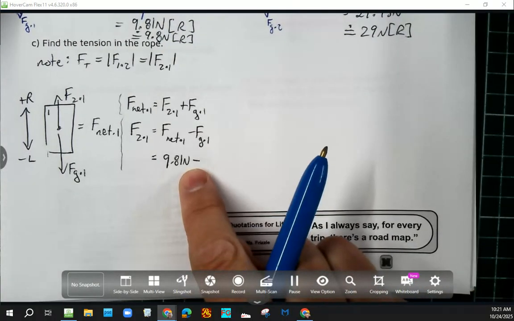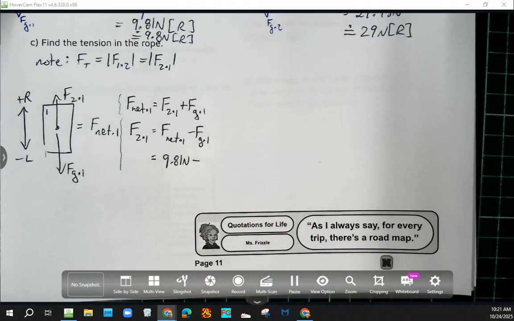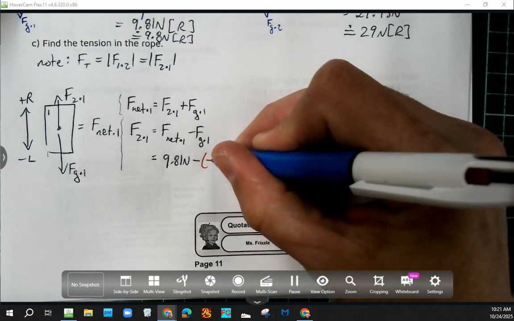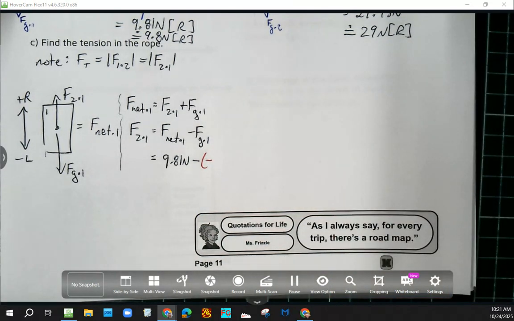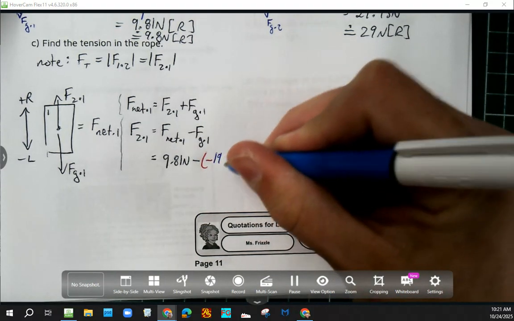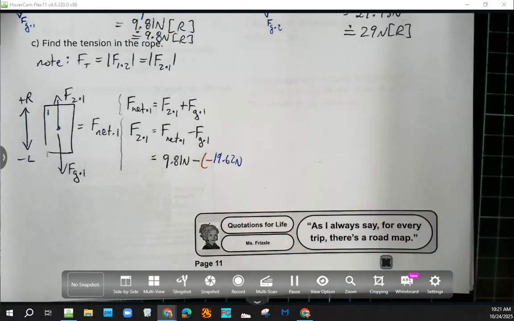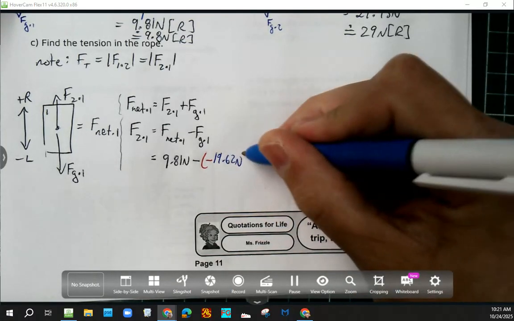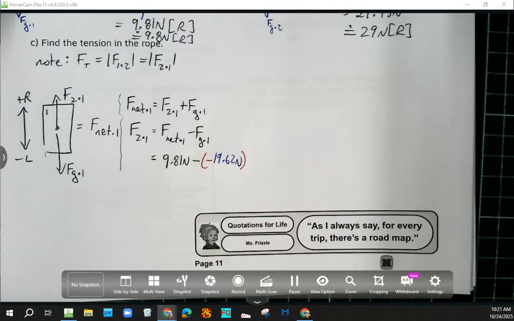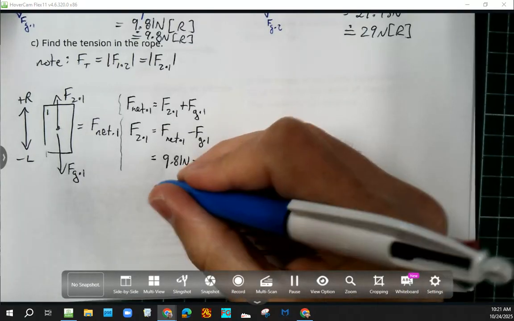So the minus is from the formula, but then I've also got a negative from the original reference frame, 19.62 newtons. So I'm just emphasizing that negative sign is there because of earlier work with reference frames.